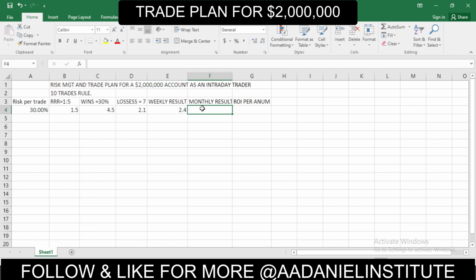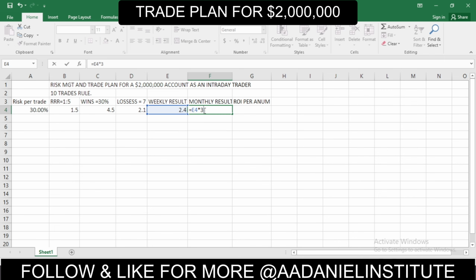Now in a month we have 4 weeks, right? Now let's assume, on a scale of probability, because of the nature of the market, that you had a week with few profits, or maybe you didn't trade that week, or something just happened that week. So let us take 1 week out of the month. You'll be doing your weekly result times 3 weeks instead of 4.